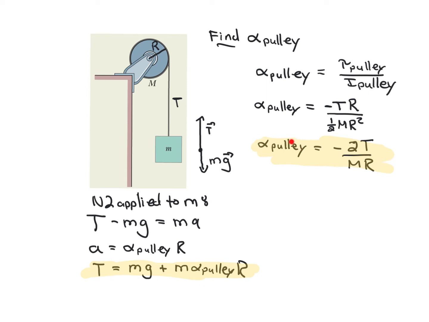I don't know alpha pulley going into the problem, and I don't know the tension, but now I've got two equations that involve both of those two variables. So now it is just a simple algebra problem to find alpha pulley. I will leave it to you to work out the algebra and to show that the angular acceleration of the pulley is given by this expression here.